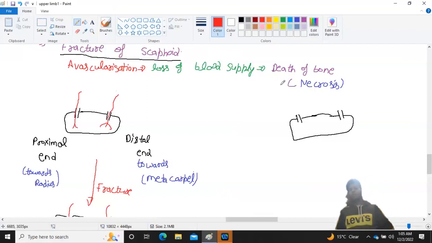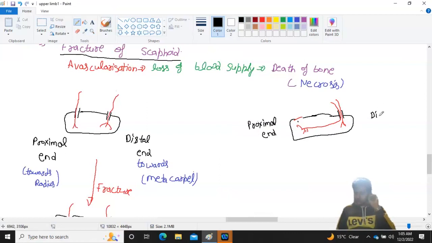This time only one nutrient foramen is present, which is the distal foramen. So what happens? Both arteries enter from the same foramen. One artery goes like this and another goes from here and supplies this part. Again, this is proximal and this is distal end. Only the distal foramen is present. This is occasional.